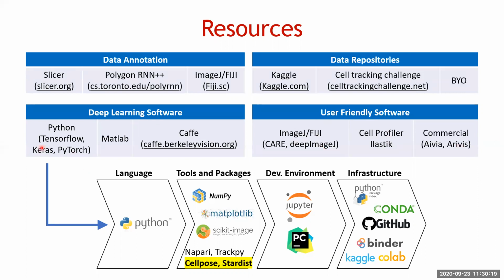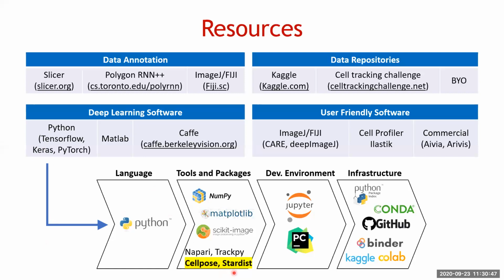I've drawn this little line here to show what's involved in Python. As I mentioned, at the language itself, then you have all these tools and packages that allow you to use it as an image analysis methodology. And even there are some that run off Python that are pre-written and pre-compiled to run pretty easily to do deep learning.